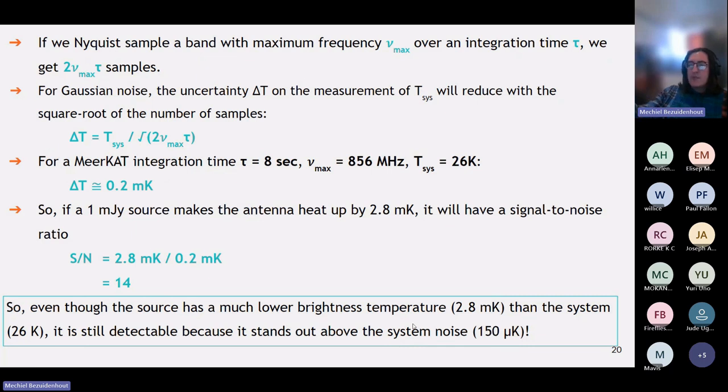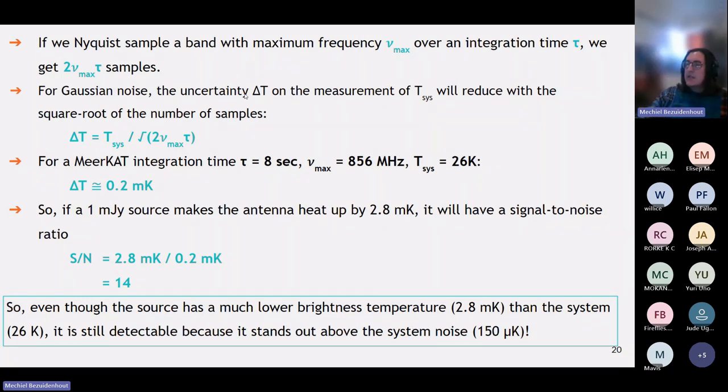Your system is at a constant and well modeled temperature, which you are very certain about as a function of frequency. So in order to detect some signal above that, it doesn't have to exceed the system temperature. It only has to be measurable above the uncertainty in the system temperature.